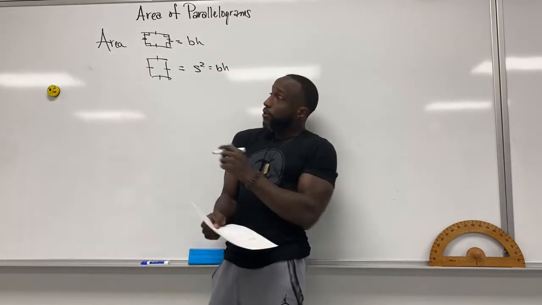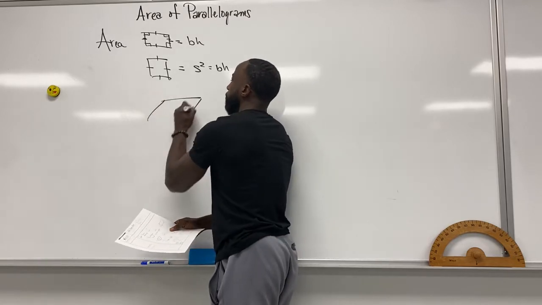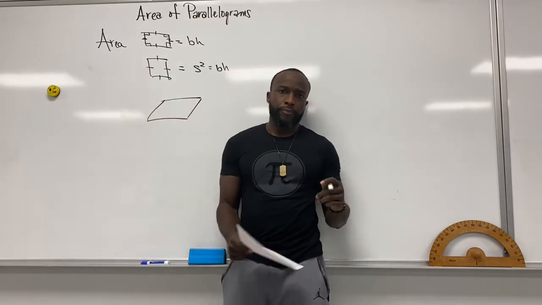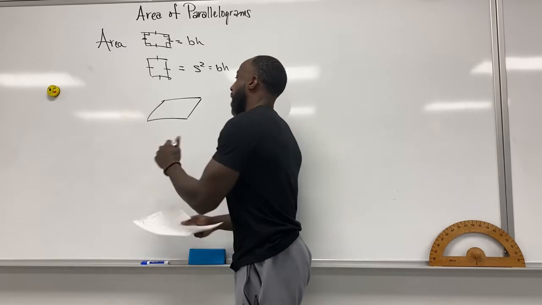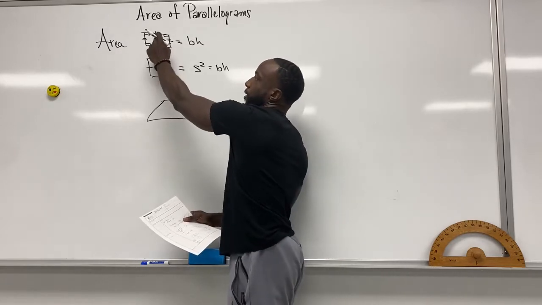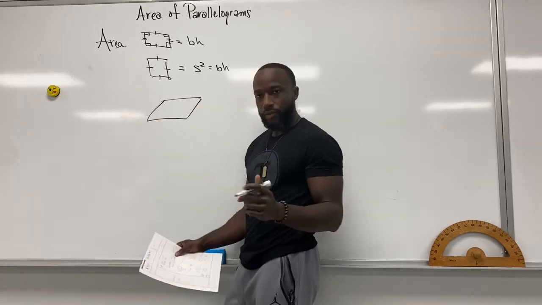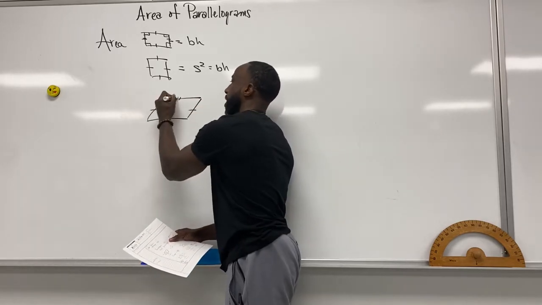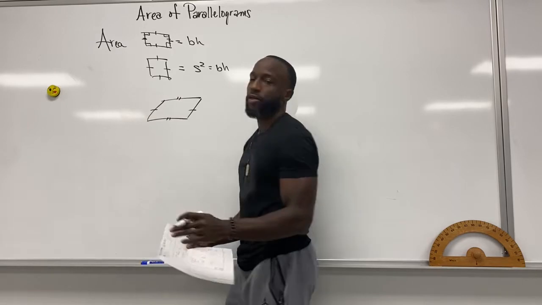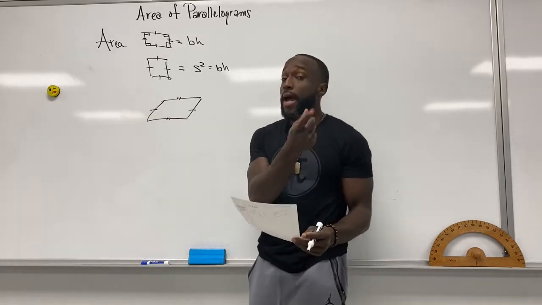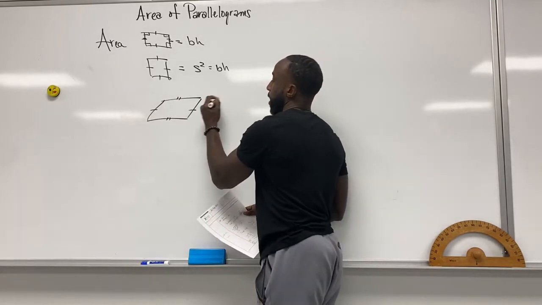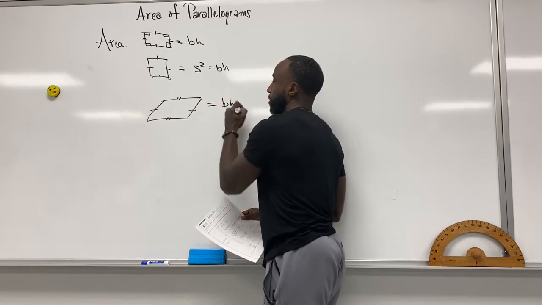Now, parallelogram. It is a four-sided figure, but as opposed to these two, there are no 90-degree angles involved. You do have congruent sides, but you don't have 90-degree angles. However, because it's four-sided, the area of a parallelogram is going to be base times height.